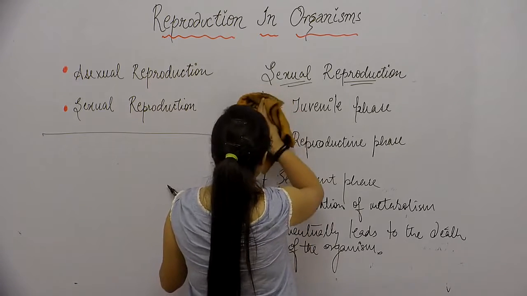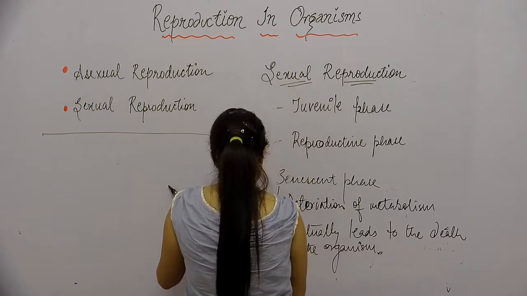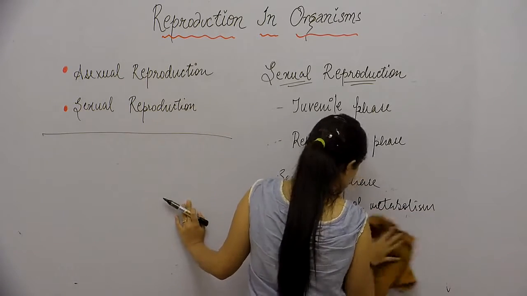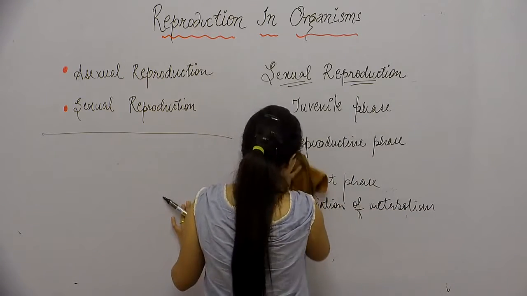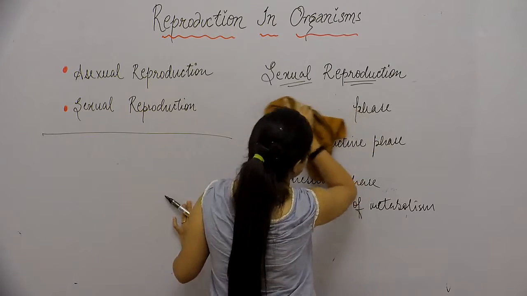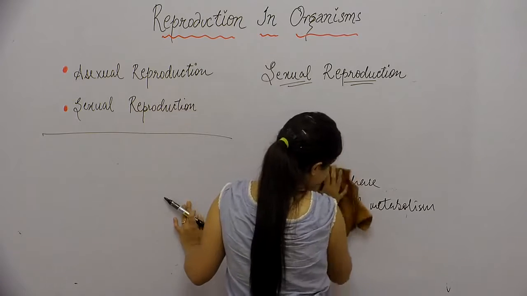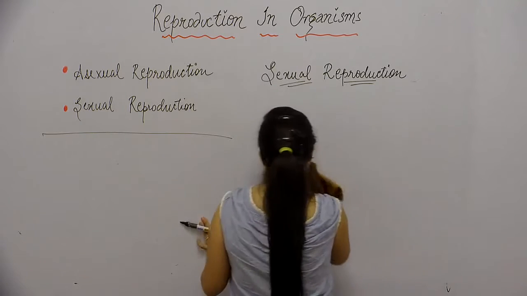Now there are a few events or the few processes that come under sexual reproduction. Okay, these events, there are three events which come under sexual reproduction.